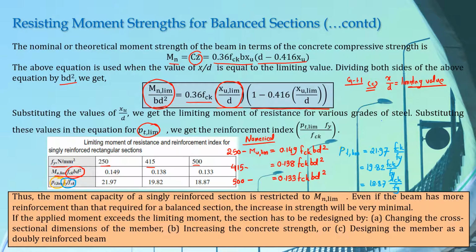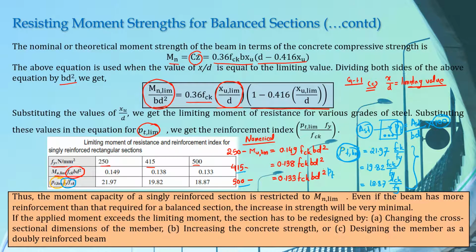So if you are given a rectangular section to analyze, and you are given a certain value of AST, you can convert that AST into the percentage by dividing it by BD into 100. You can find the limiting value of the percentage of tensile steel reinforcement based on these formulas for your particular grade of steel that is used, and then you can compare this actual value of PT used to the value of PT limiting.